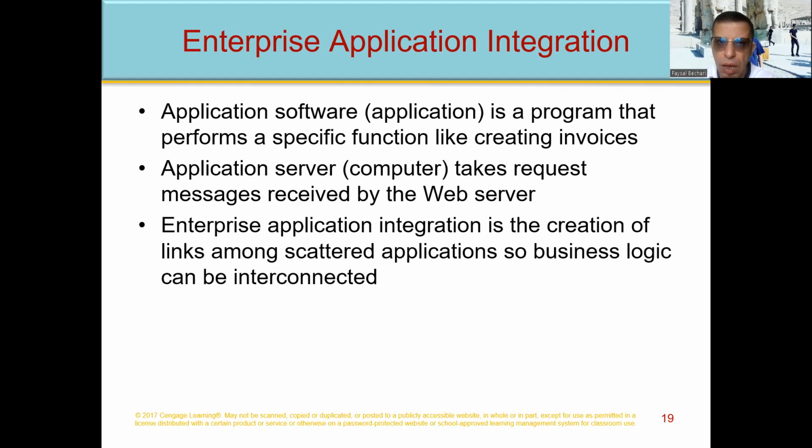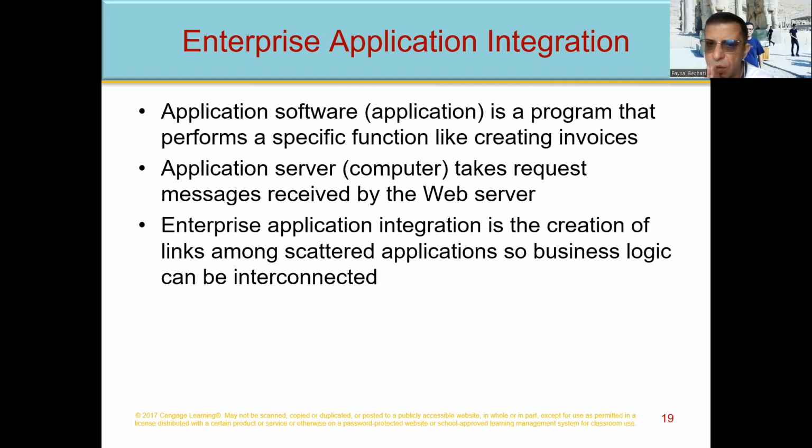Now, application software is a program that performs specific functions, like creating invoices. So this is what you call enterprise application integration. We have application software, we have application servers.